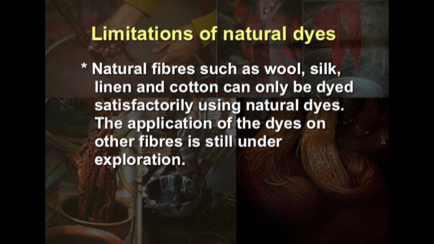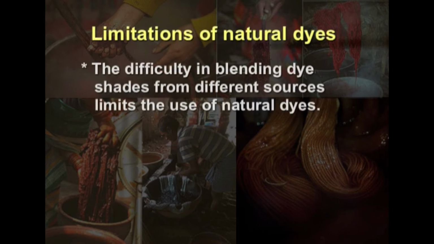The application of the dyes on other fibers is still under research, and we need a lot of standardization in this case. The difficulty in blending dye shades from different sources limits the use of natural dyes, whereas it is very easy to do in the case of synthetic dyes, but it is very difficult in the case of natural dyes to mix the dyes and get different colors.